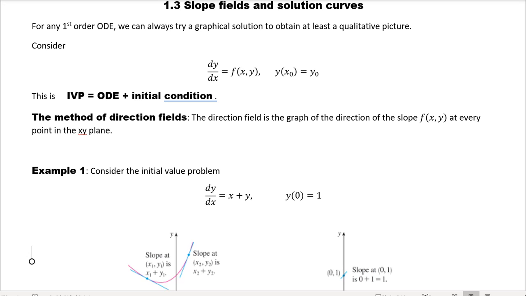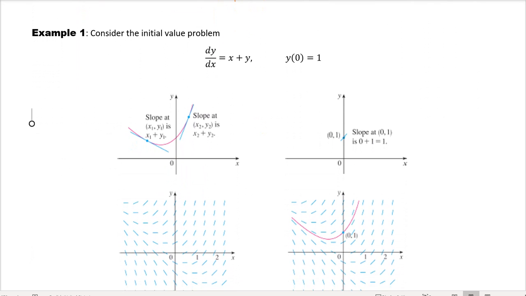Let's look at the method of direction field. The direction field, also called slope field, is the graph of the directions of the slope f of x, y at every point in the xy plane. For example, let's look at dy/dx equals x plus y.